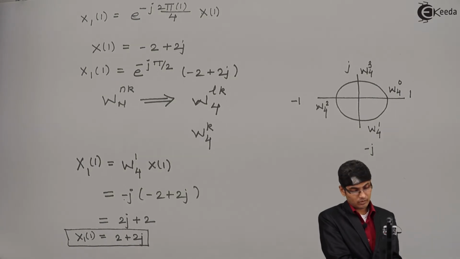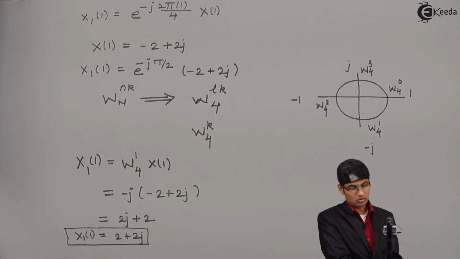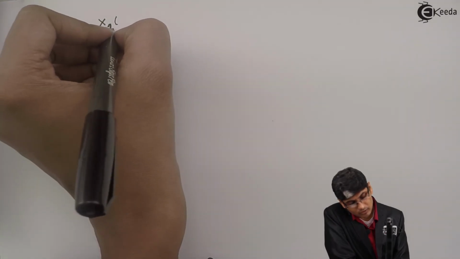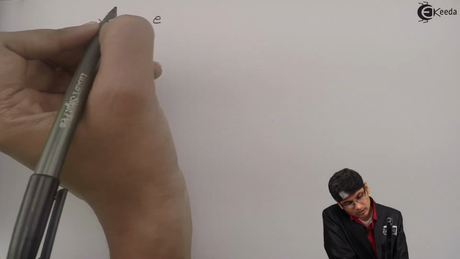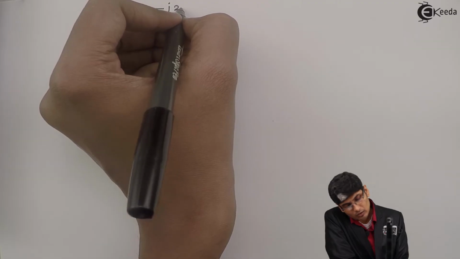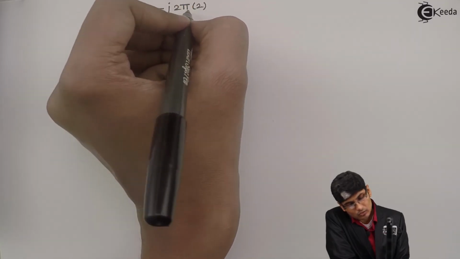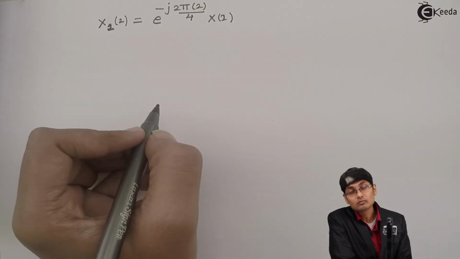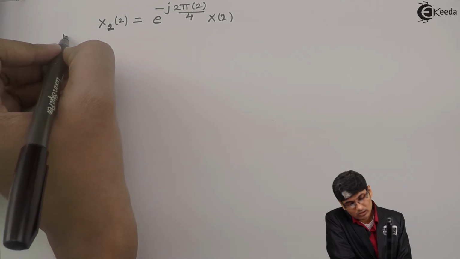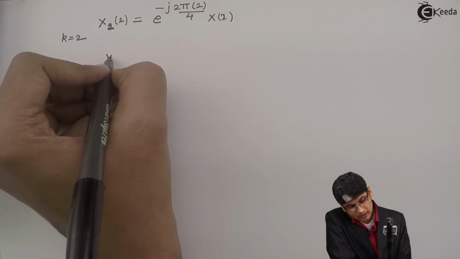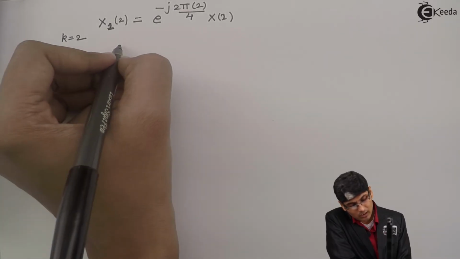Similarly, we can go for x1 of 2. So, x1 of 2 will be equal to, now here the value of k is 2. So, I write e raised to minus j 2 pi, L is 1, k is 2 divided by 4, x of 2. For here k is equal to 2. Then again I can similarly write as W 4 raised to Lk, L is 1, k is 2.